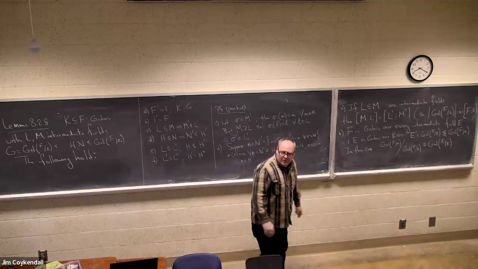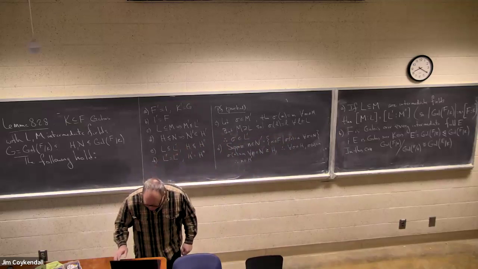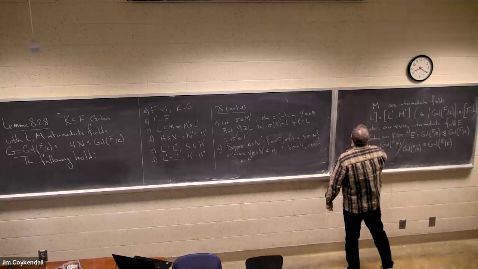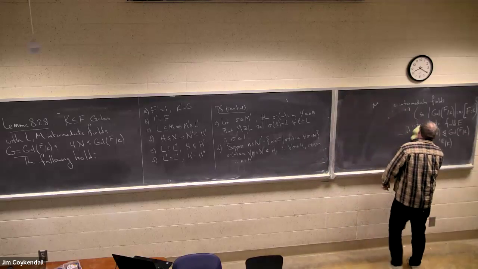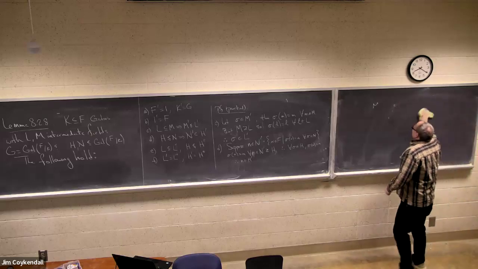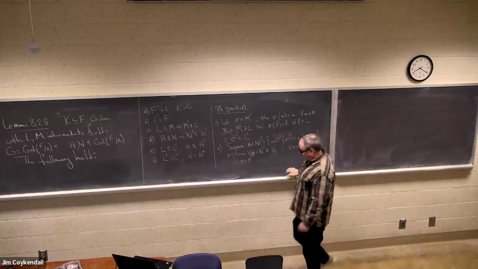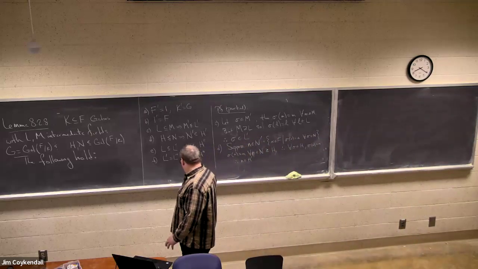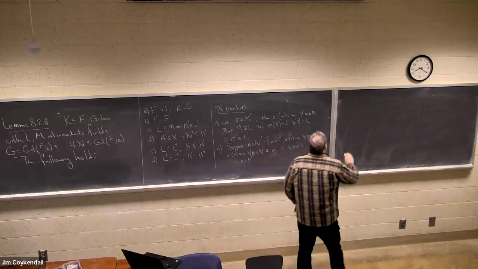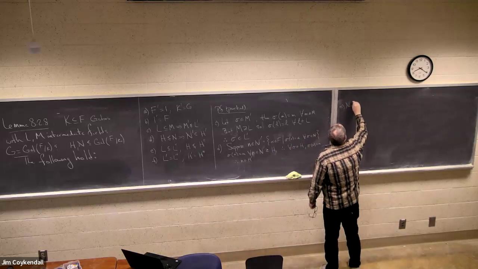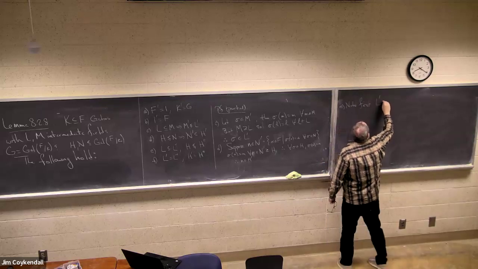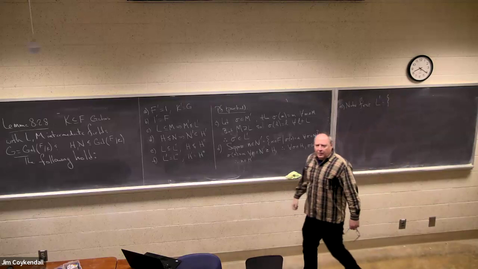How about number E? We need to show that L is contained in L double prime. So it helps my pea-sized brain to write this down a little bit, kind of keep track of things. For E, we want to show first that L is in L prime. So let's write this down. What is L prime?